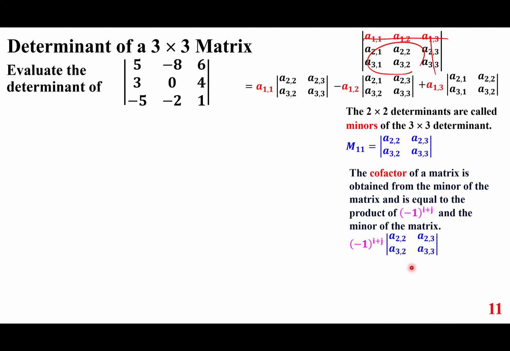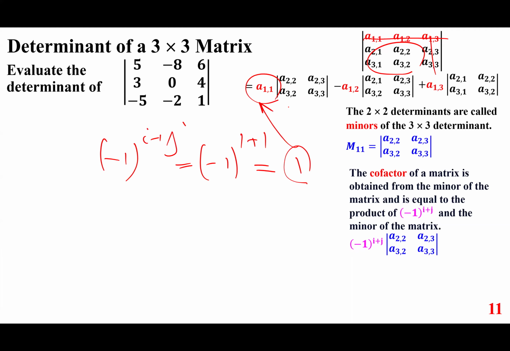So let me explain the difference between the two. The minor is here. The cofactor is the same thing with either a positive or negative sign in front of it. Which one is which? This one is positive, this one is negative, this one is positive. You can alternate. Or what is negative 1 to the power of i plus j? For this one it is negative 1 to the power of 1 plus 1, and negative 1 squared is 1.